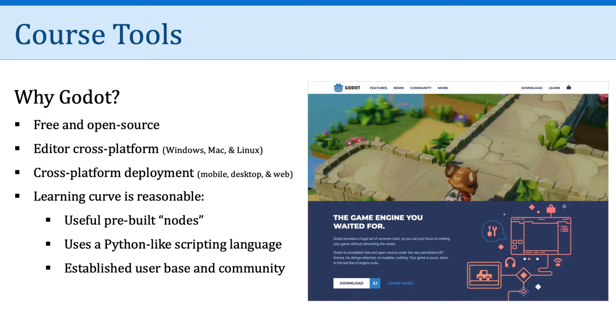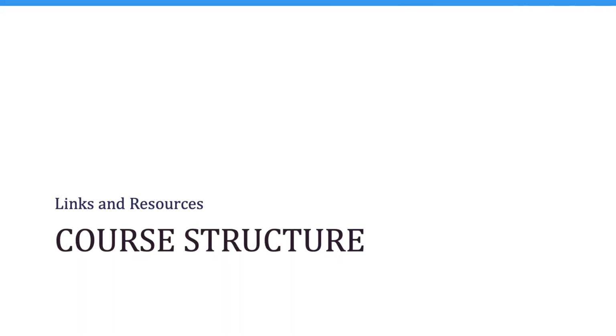It comes with a lot of useful pre-built nodes, and it uses a Python-like scripting language that is very easy for novices to read, understand, and begin to write. And finally, there's an established user base and community, so there's a lot of traction in the video game industry around Godot.